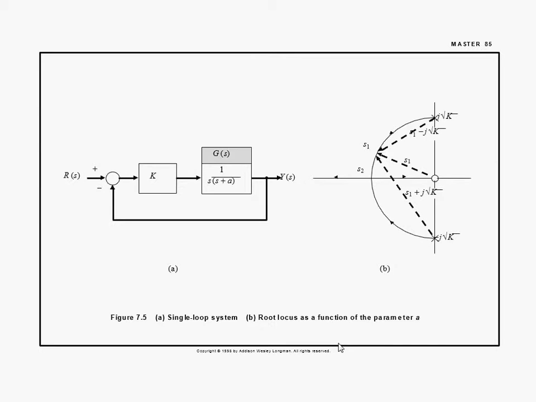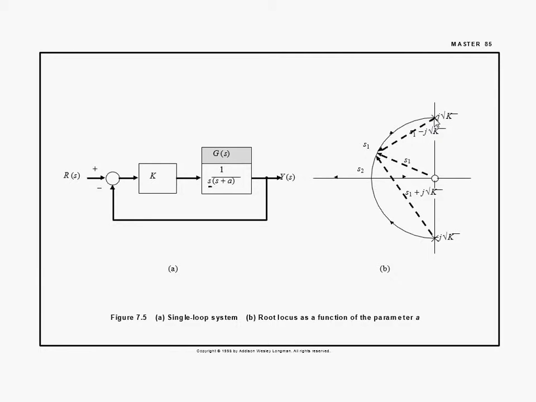If you have this kind of transfer function in here, you know that one of these is at 0 right here, and the other one is at -a when k is equal to 1. And if you keep changing k, you are going to have this root locus here.